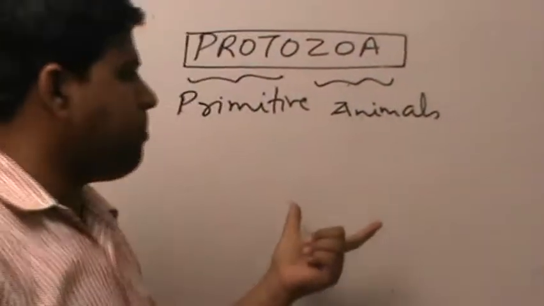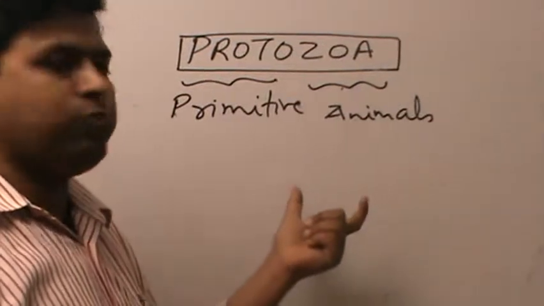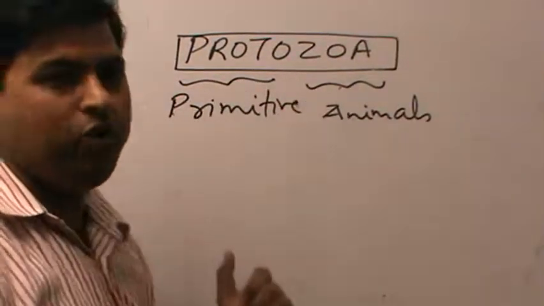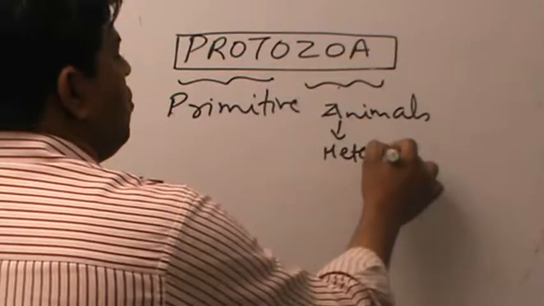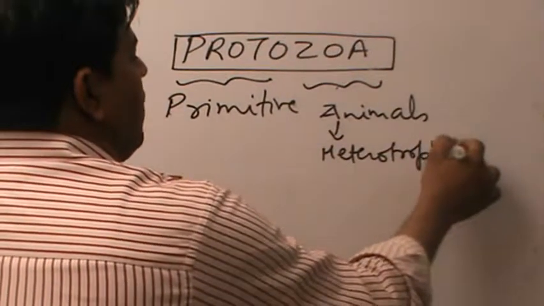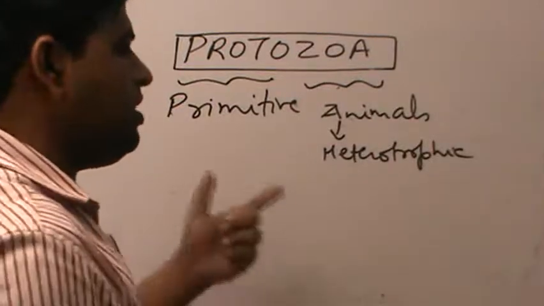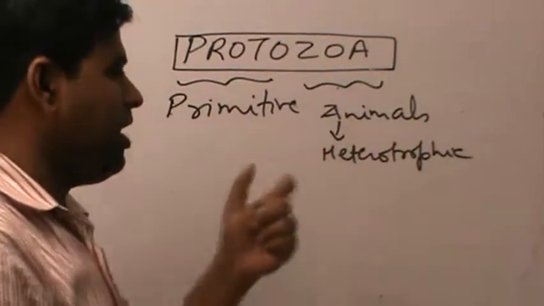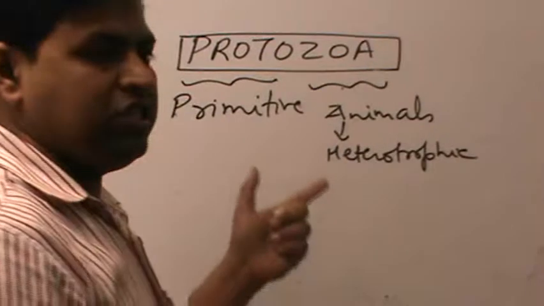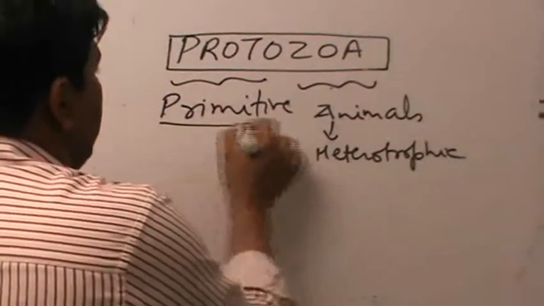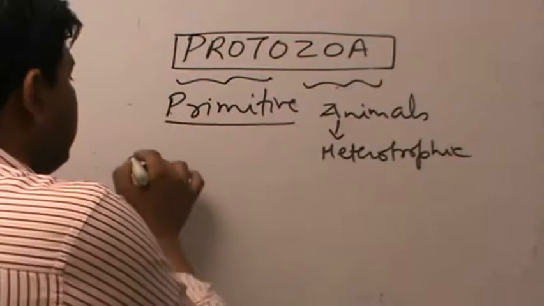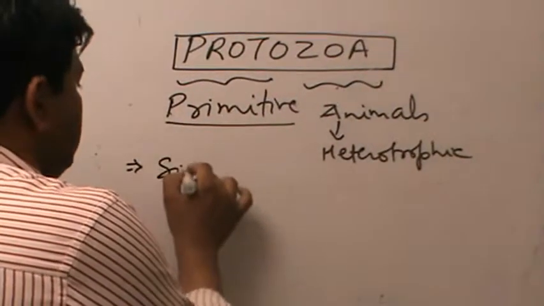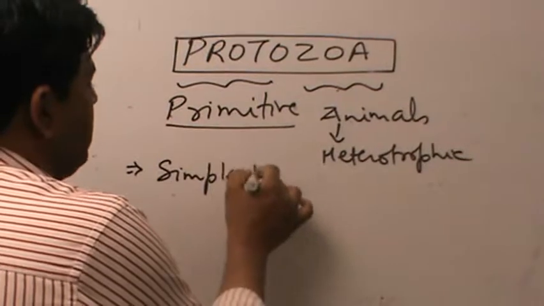These are basically called animals because of their heterotrophic type of nutrition. That is, they will depend on other organisms. They cannot photosynthesize, except some examples. These are the simplest animals.